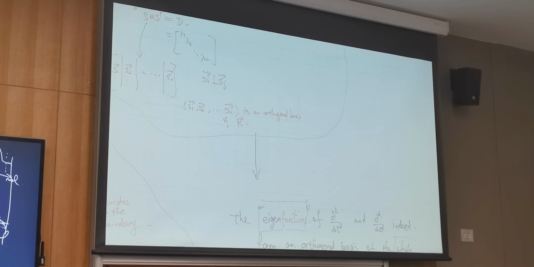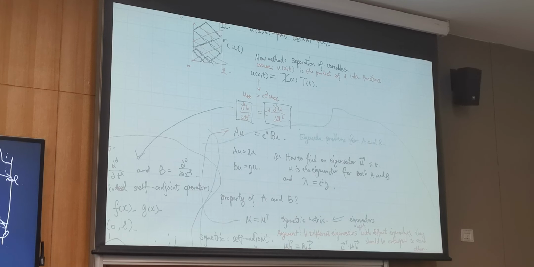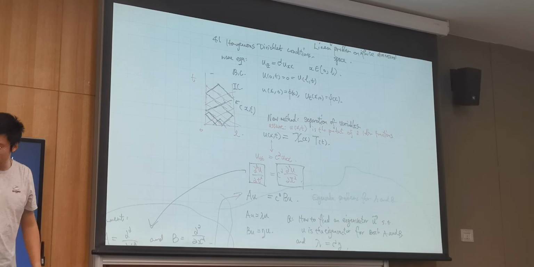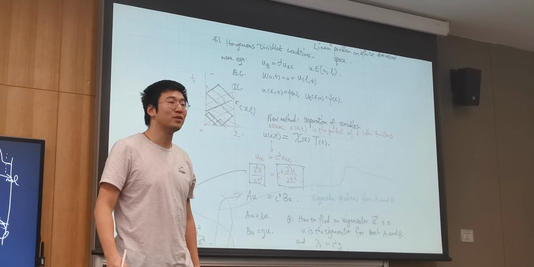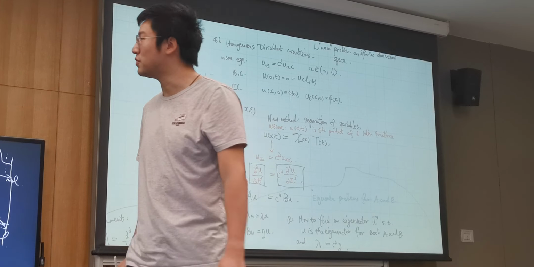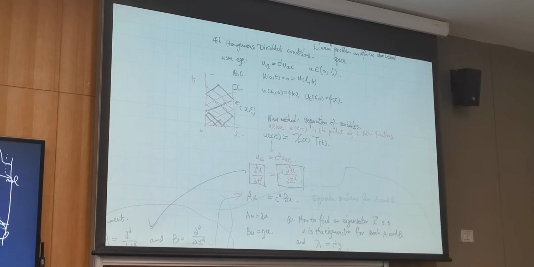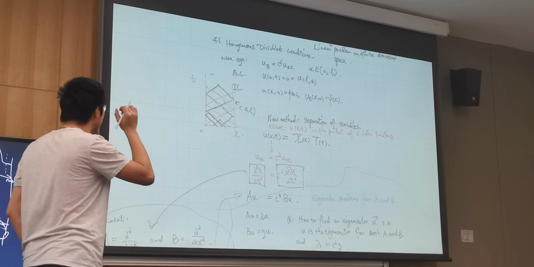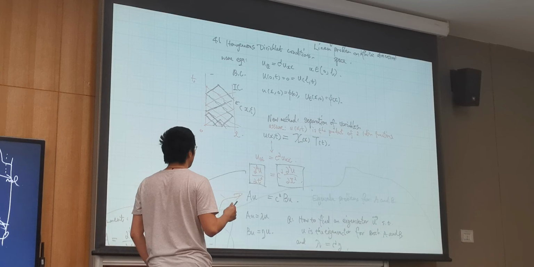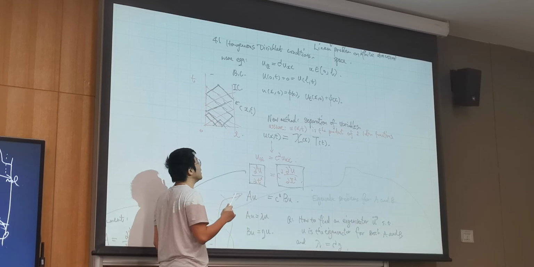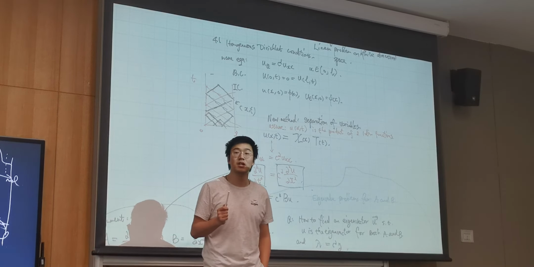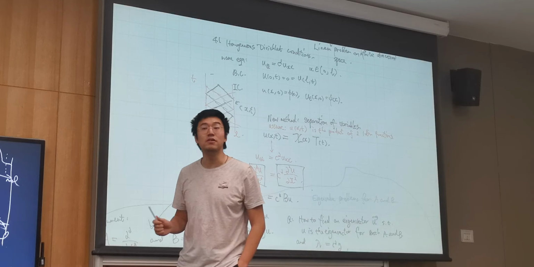Is that all the requirements for the function? What else did we use when we were arguing the self-adjointness of A and B? Can the values of the function u be arbitrary on the boundaries? No, it should be 0 on the boundary.